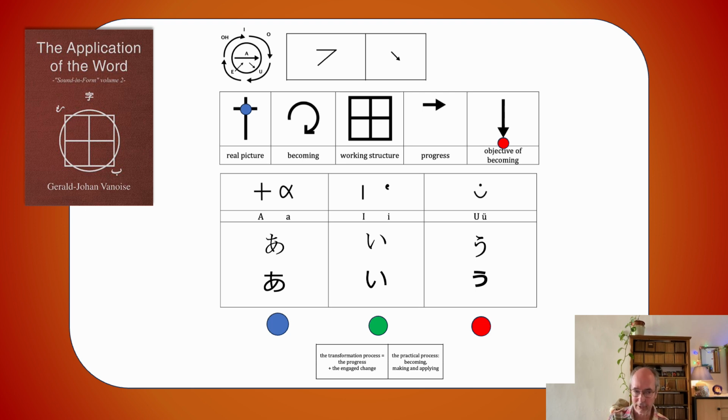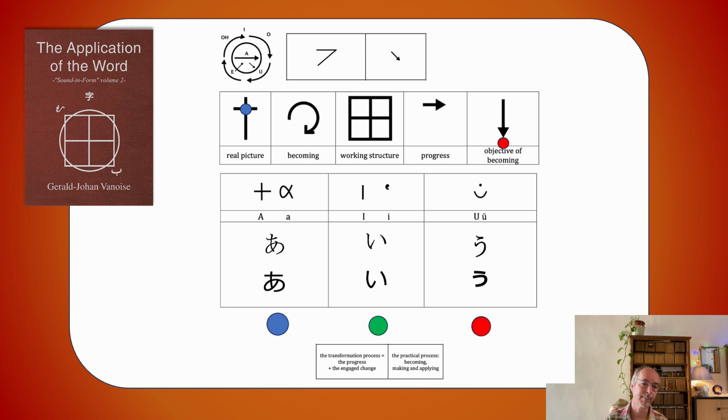You have a process of becoming. You have a background, a working structure, a context. You have also a progress, where something is progressing and going and evolving towards something. And you have also a certain objective of the things that are becoming.